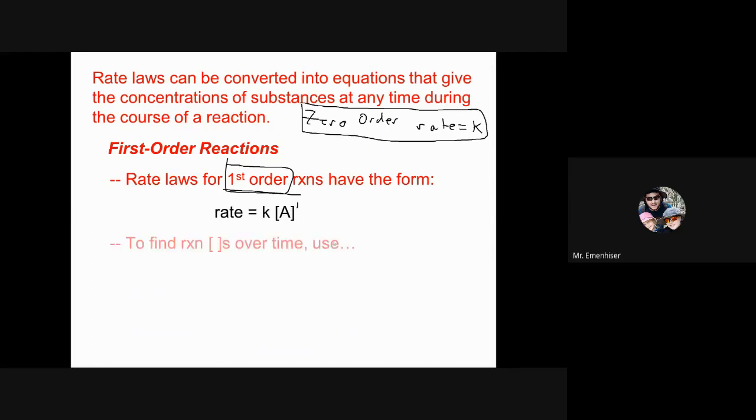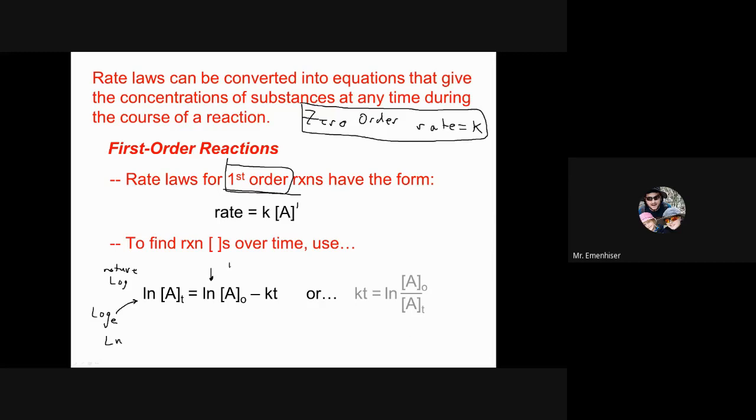All right. Now, if you're going to find the reaction concentration over time, you have to use the integrated rate law, which looks like this. What does this say? There's two forms of it. This says that the natural log, ln, which is a key on your calculator, natural log, which is log base e, of the concentration at time t will be equal to the natural log of the initial concentration of your reactant.